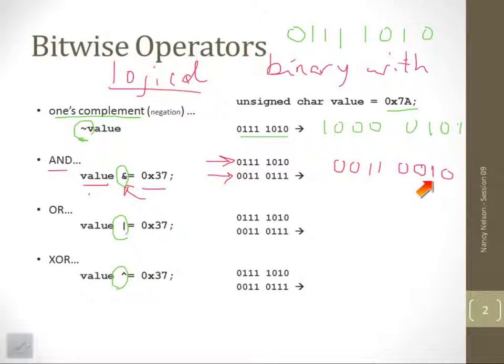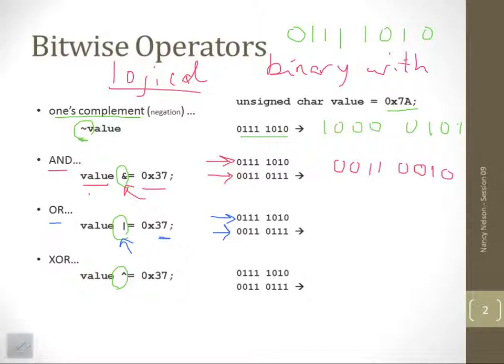Now if we take a look at the OR operator, this is where we're going to use the pipe symbol. So here we're going to take value, which is 7a. We're going to take 37 in hex, which is the value specified here, and we're going to OR them together. And again, it's bit by bit. So with an OR operator, as long as one of them is a high, the output will be high.